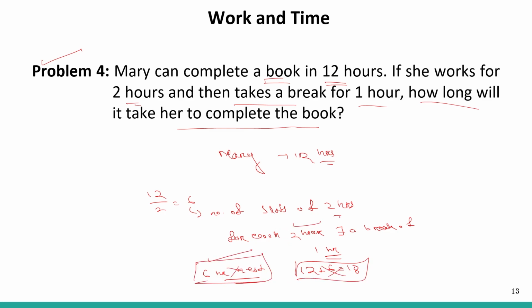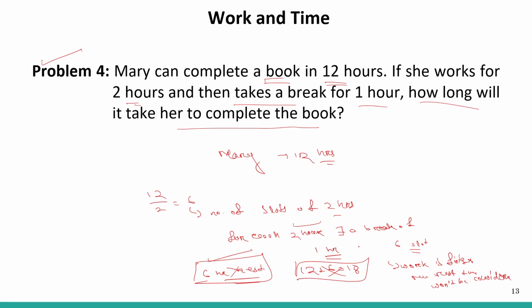Okay, up to this everything is correct as we have followed all the data given in the question, right? So what we are missing here is that after doing the 6th slot, the work is finished. So the rest time won't be considered.